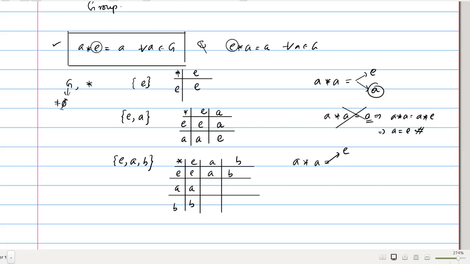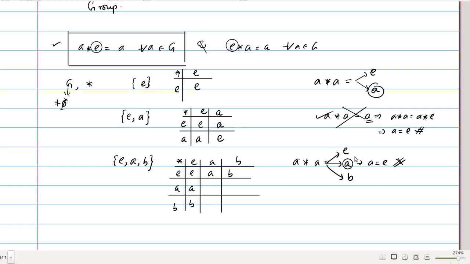Either it will be E, or A, or B. These are the only possibilities for A star A. But A star A can never be A. We can easily rule out this possibility because of the same reason we discussed earlier. If A star A is equal to A, that implies A will be E, so that is a contradiction. So we ruled out this one.